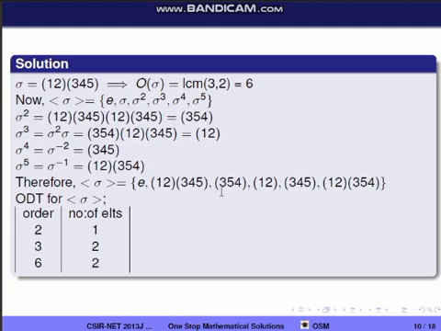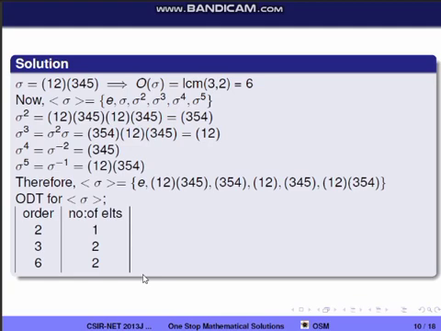The number of elements of order 3 is 2, since the 3 cycles are there. Now the number of elements of order 6. This splits into 2 cycles, so we take the least common multiple of those cycle lengths. So LCM of 2, 3 is equal to 6. For this one also, the cycle length is LCM of 2, 3, that is also 6. So we will get the number of elements of order 6 is equal to 2.